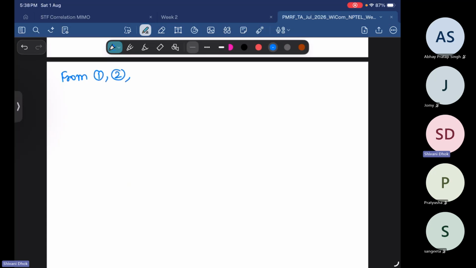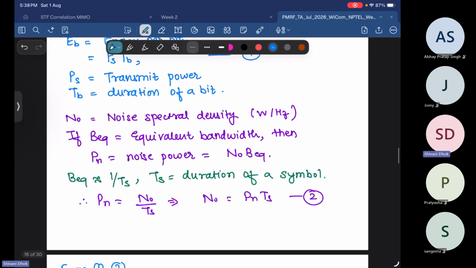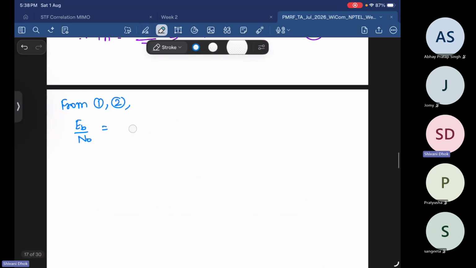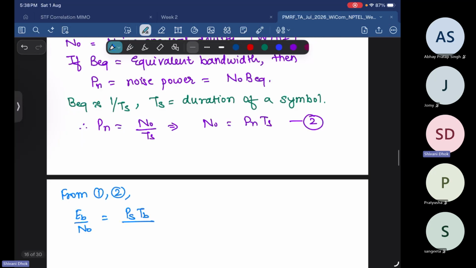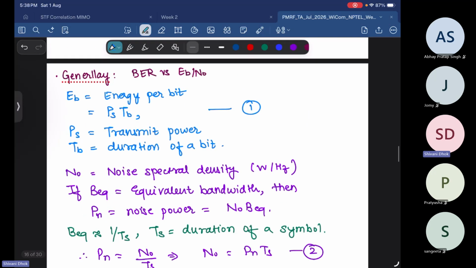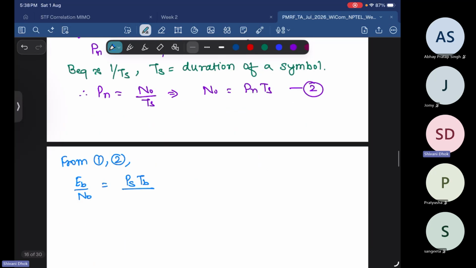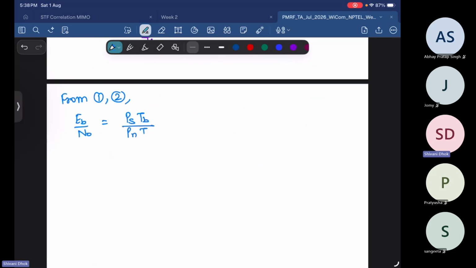So from equations 1 and 2, what do we have? Eb by N naught. So Eb was equal to Ps into Tb, and N naught is Pn into Ts. So this is basically Ps by Pn into Tb by Ts.